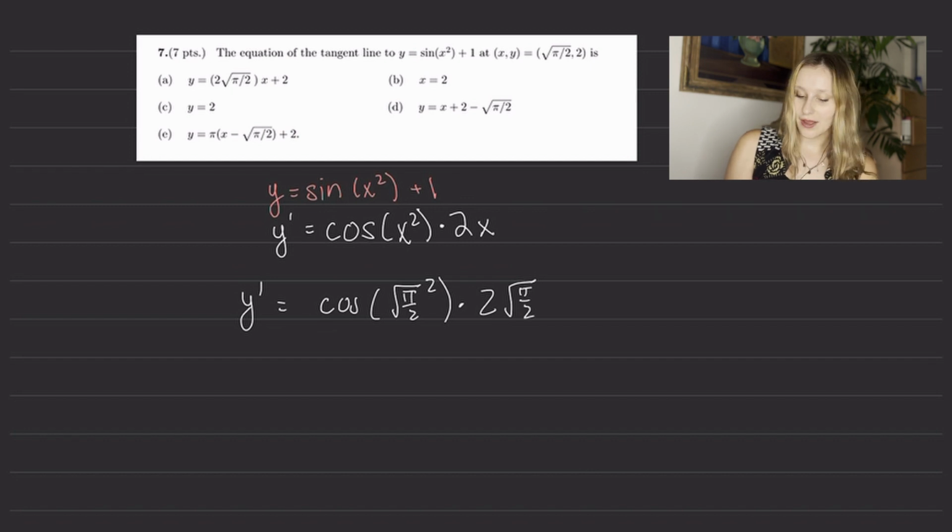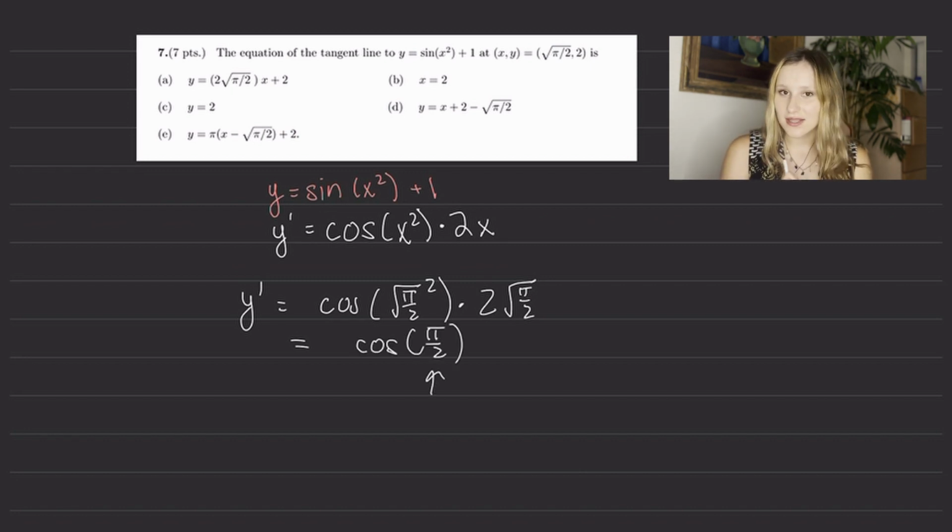Cosine of root pi over 2 squared is, they're just going to cancel each other out. We get cosine of pi over 2, which is 0. And then this becomes irrelevant suddenly. So we know that the slope at this point is 0.